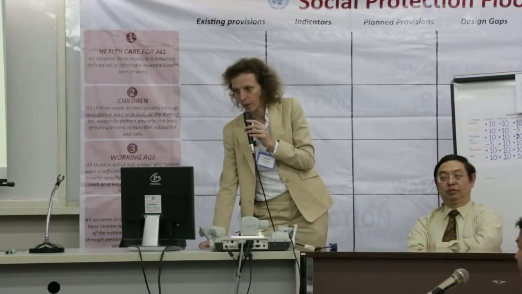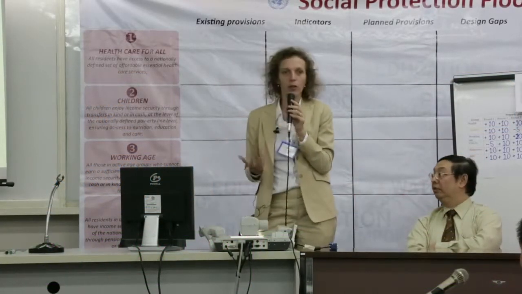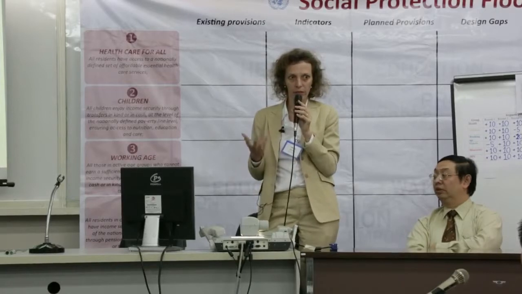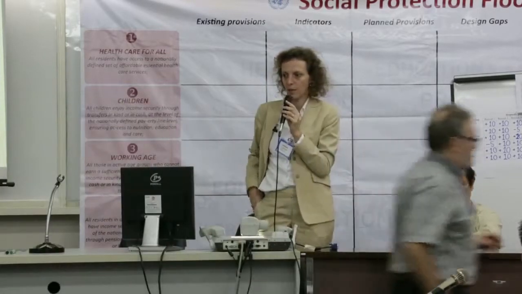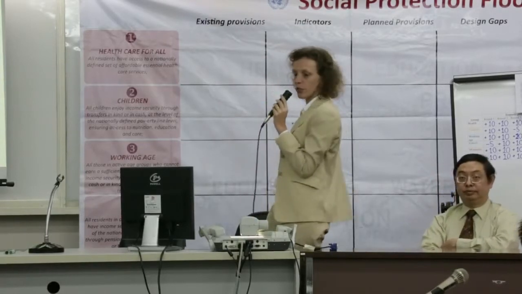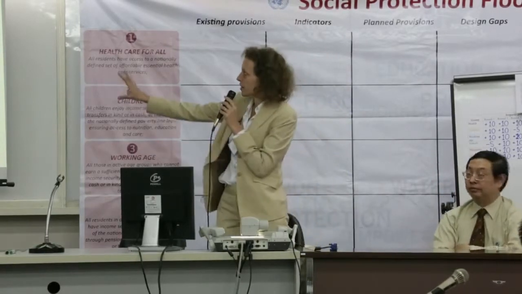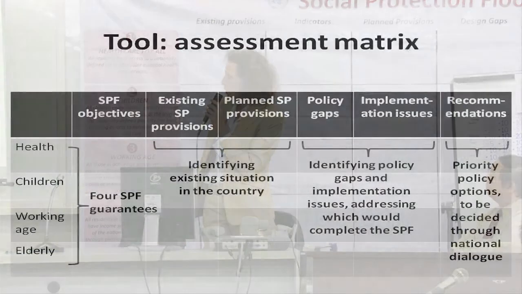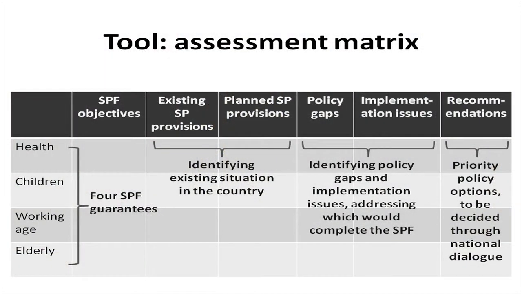So the main tool that we are going to use today for this first step of the assessment-based national dialogue is the matrix. So you have a big version here behind me, and this is the version that you will use during the whole day. As you can see, we have the 4 guarantees of the social protection floor.